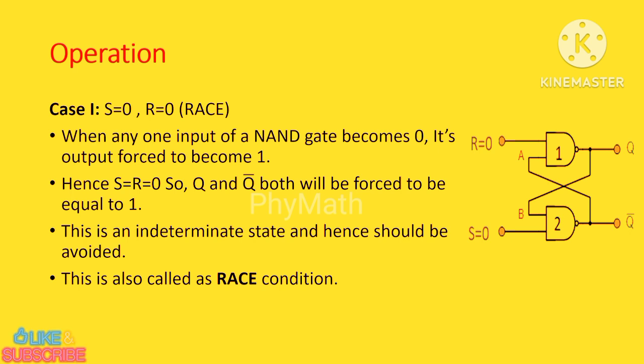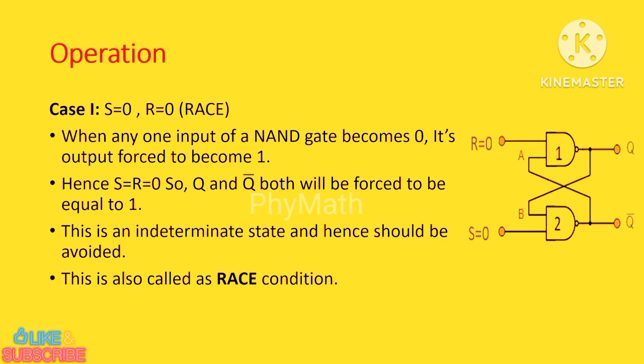Means for first three conditions, that is 0, 0, 0, 1 and 1, 0, output of NAND gate is always equals to 1 because one input to the NAND gate is low, that's why output is high. Similarly, if both the inputs are high, then and then only output will be low. That is the conclusion of the truth table of NAND gate. Now to check the first condition, that is when S equals to 0 and R equals to 0.